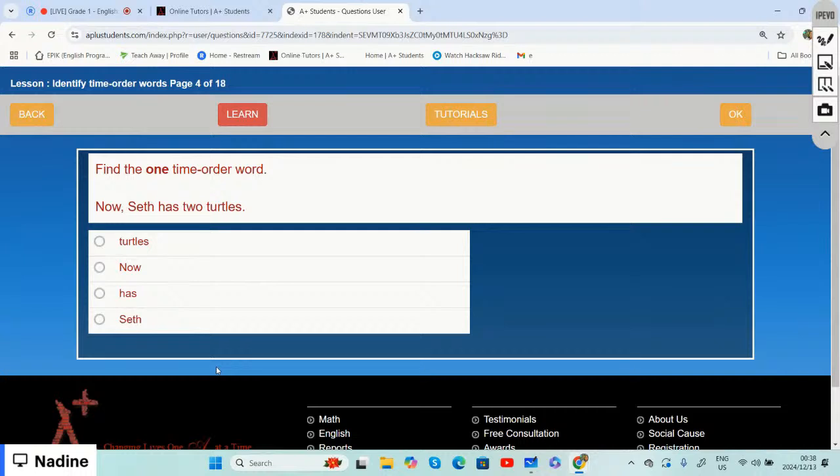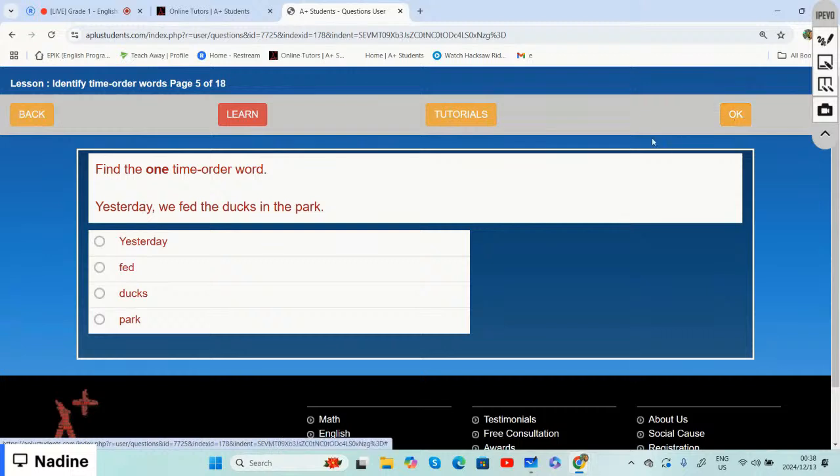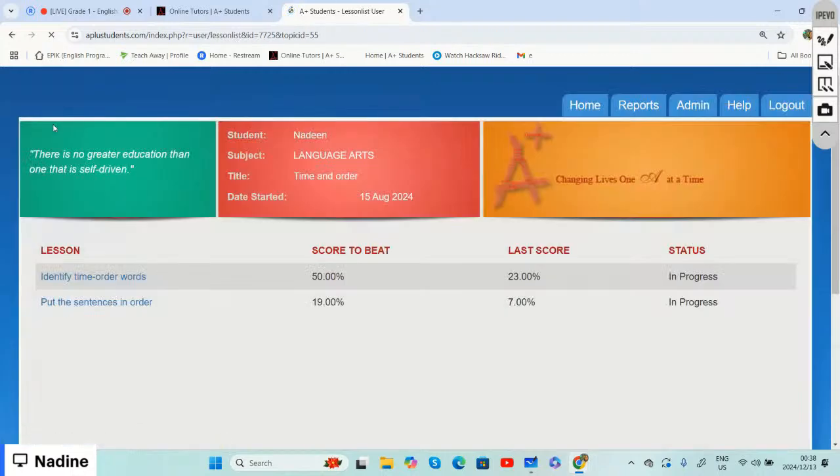All right, and if we were to choose the correct option, then we will say now shows our time order word. So well done. Now is correct. That basically shows us when something will happen or is happening.